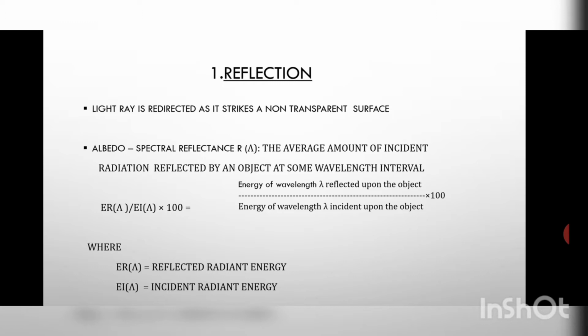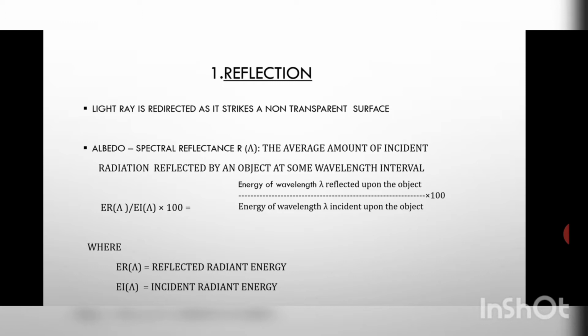Now, albedo, spectral reflectance, R of lambda. The average amount of incident radiation reflected by an object at some wavelength. It can be defined as a percentage of the energy reflected compared to the energy which is incident.